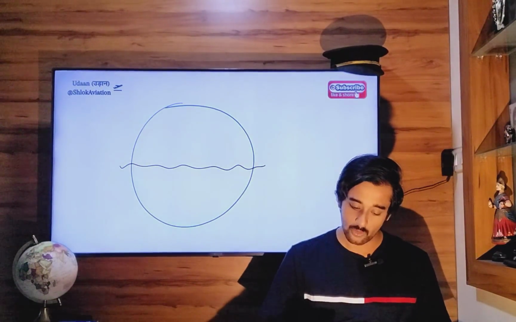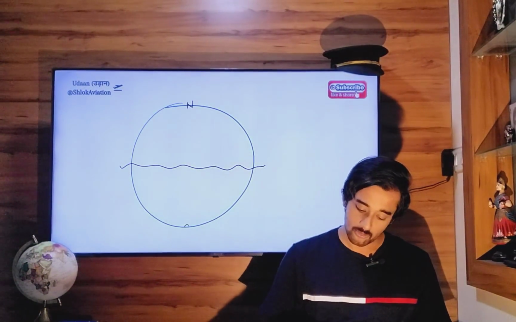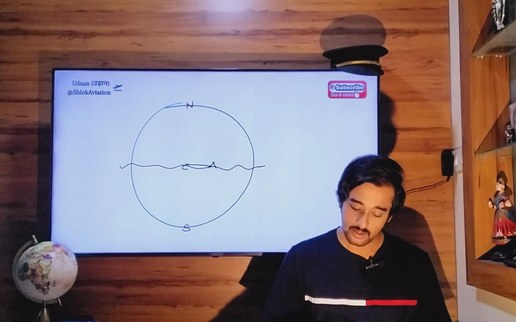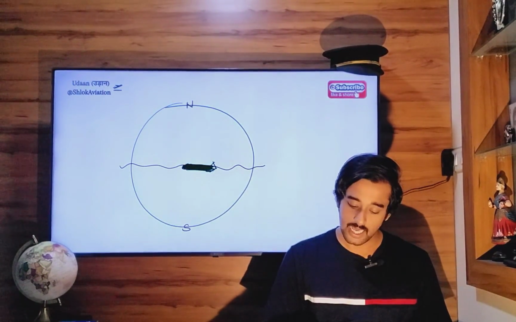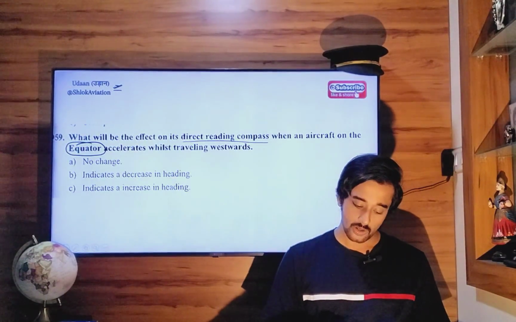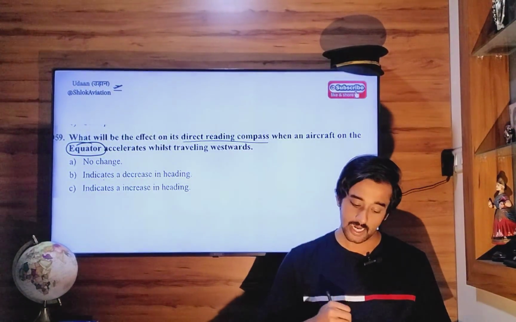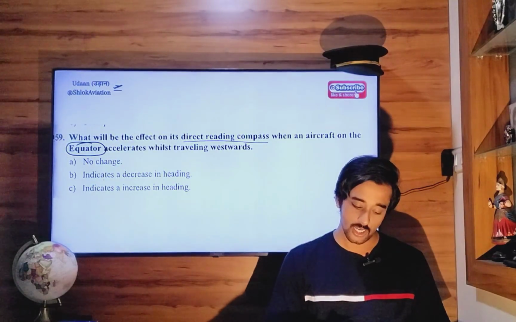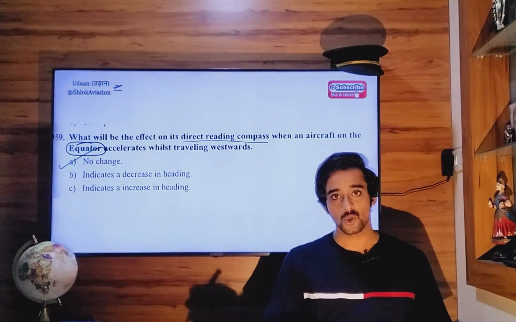So this is your equator, north pole, south pole. It's flying in a westerly direction, and flying westerly it is accelerating itself. So what will happen? Indicates a decrease in heading, indicates increase in heading, no change. So correct answer is option Alpha, no change.